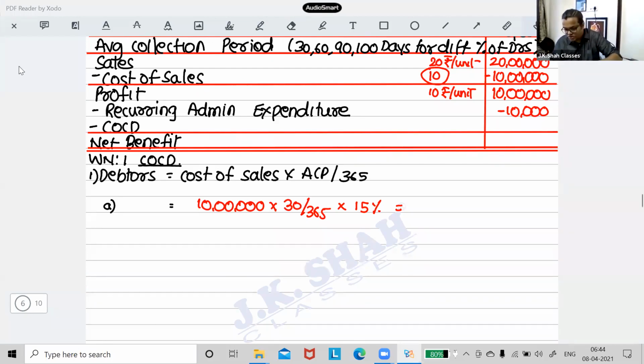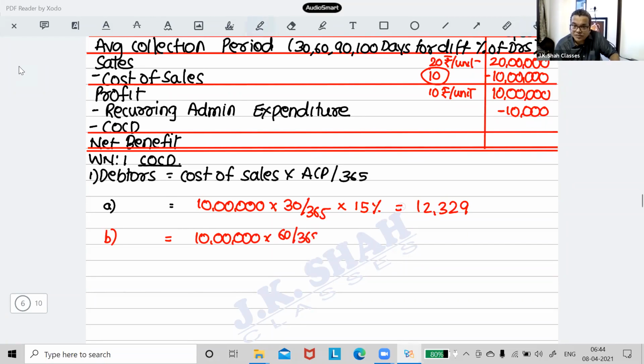So this will become 1,50,000 into 30 divided by 365. It comes to 12,328.76. So 12,329. Let's do it. Again, I will have one more category of debtors now. Right? Here, what is going to happen? 10 lakh into 60 by 365.